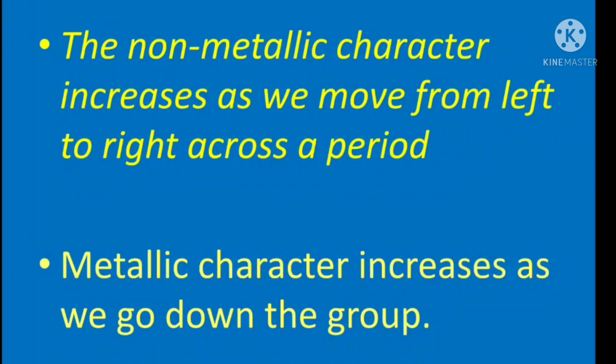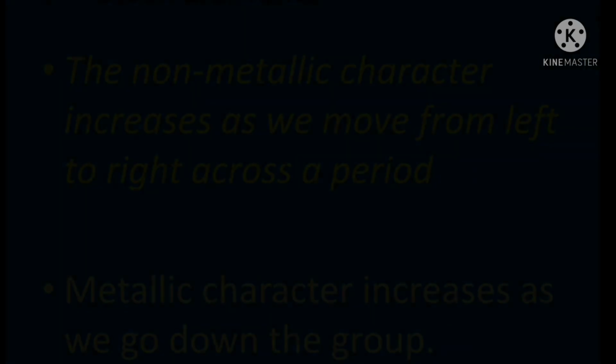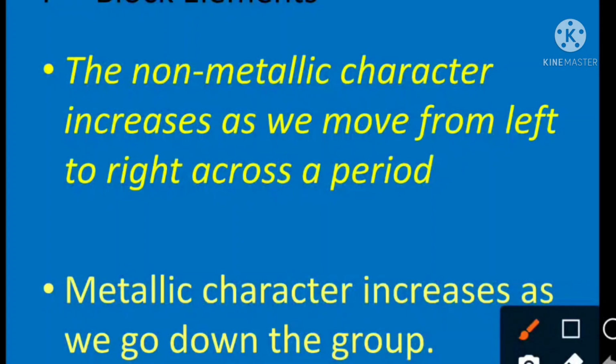If you talk about the characteristic features, take the non-metallic character. Usually in this area, the non-metallic character increases as we move from left to right. When we move from left to right, metals become non-metals. In the long form of the periodic table, group number 17 elements are all electronegative, that is non-metallic elements. In group number 13, they are somewhat metals.